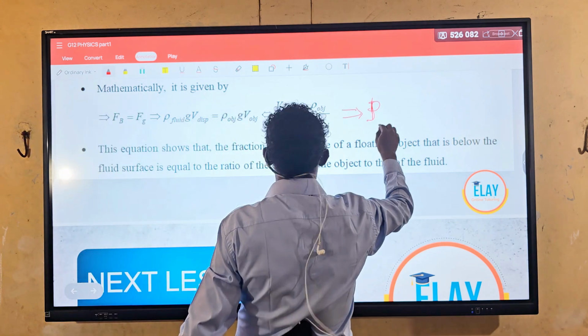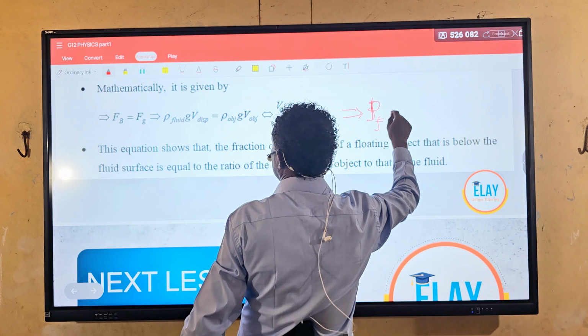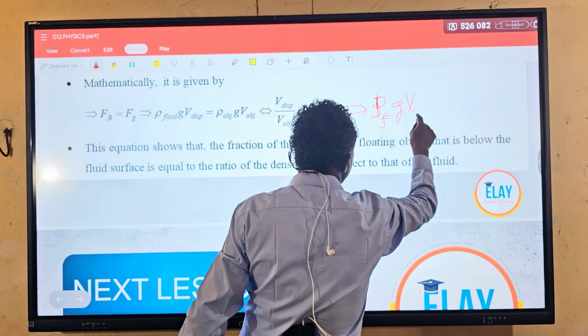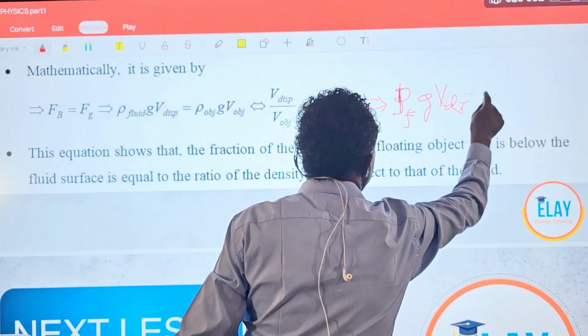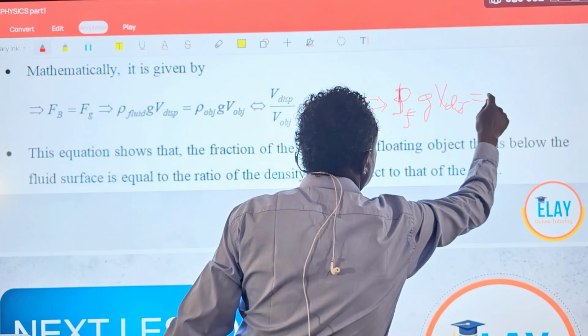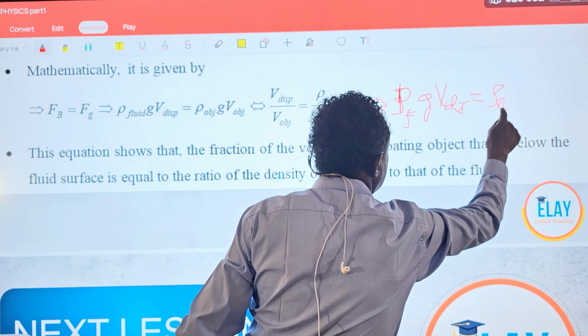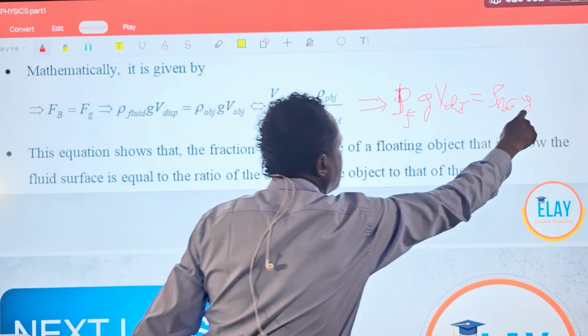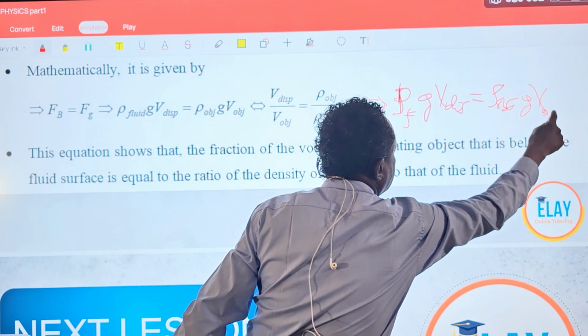Now the density of the fluid times the gravitational acceleration times the volume displaced is equal to the density of the object times the gravitational acceleration times the volume of the object.